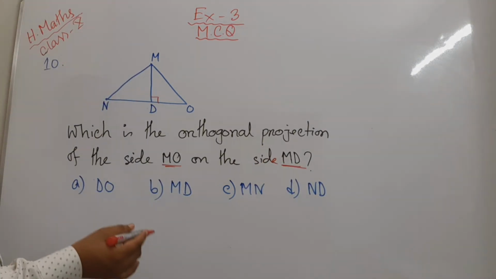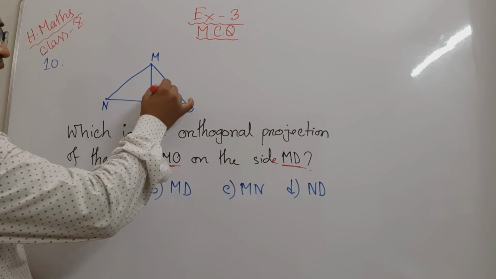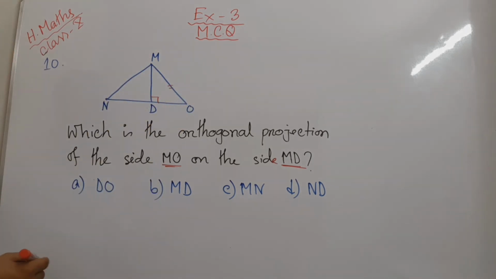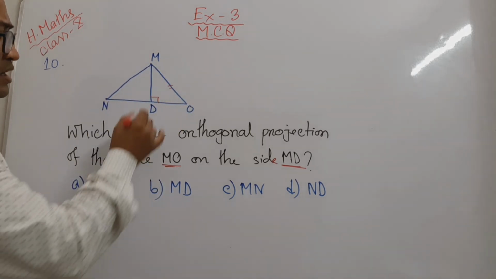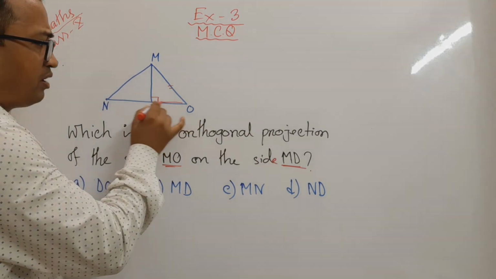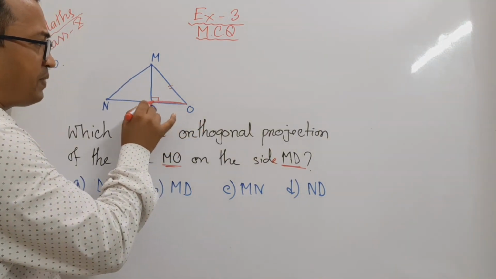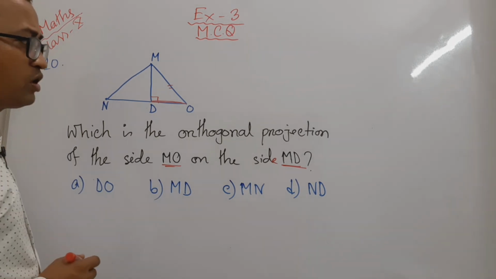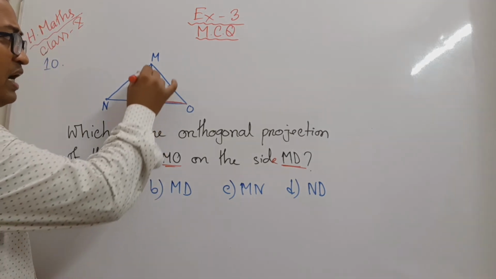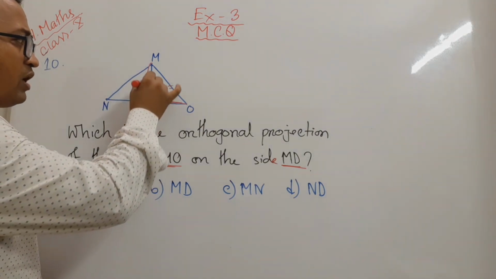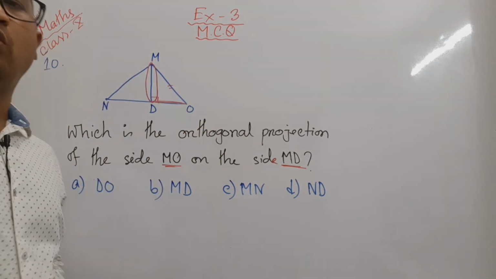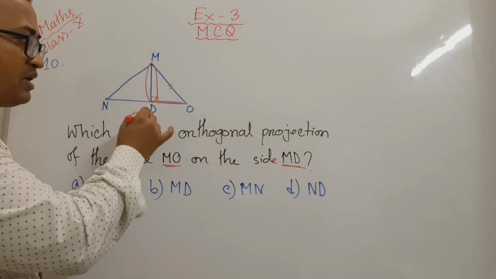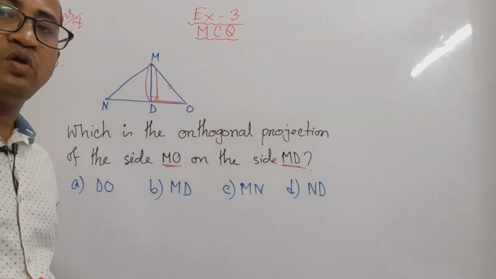So we will find out the orthogonal projection of MO on the side MD. Look here, OD is perpendicular to MD. So MD is the orthogonal projection of MO.